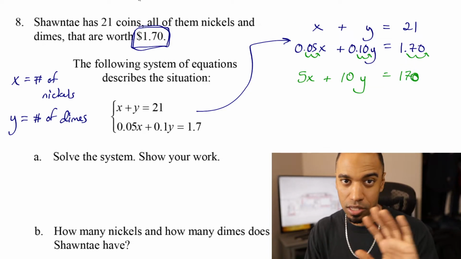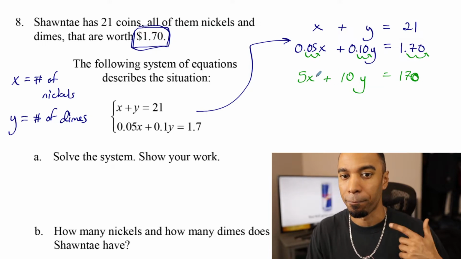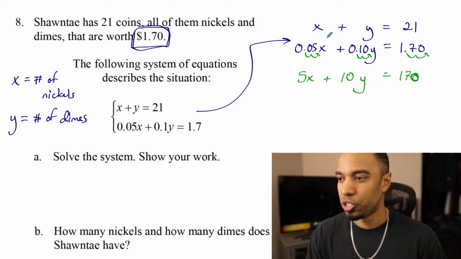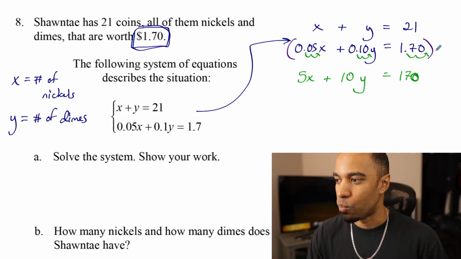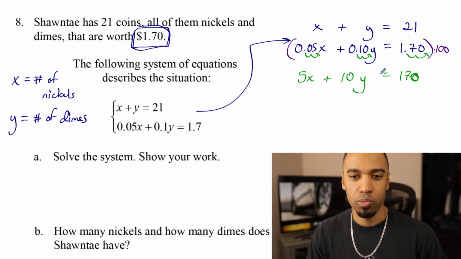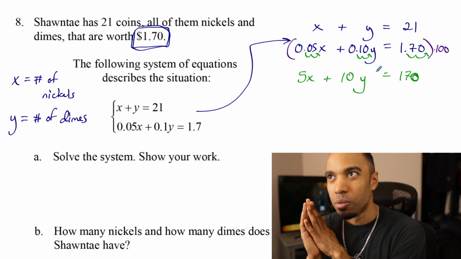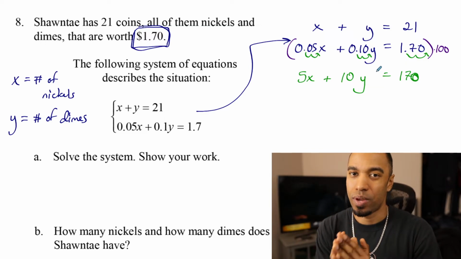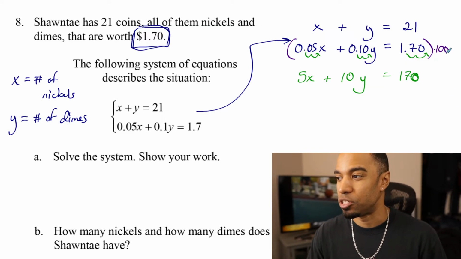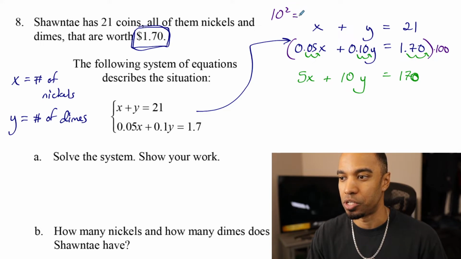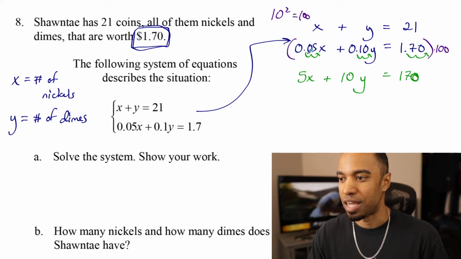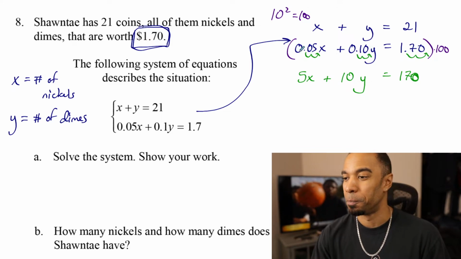Like I said, I'm going to get to the same place no matter what I do here. Option number 2, I can multiply everything by 100. Now, how did I know to multiply by 100? Because multiplying by powers of 10 creates decimal shifts. And multiplying by 2 powers of 10, meaning 10 squared, which is 100, shifts the decimal 2 places over.